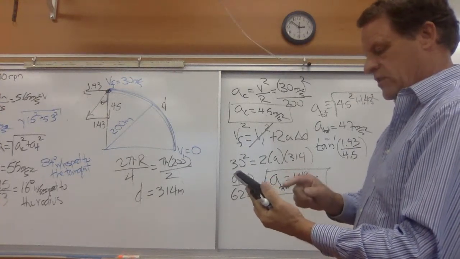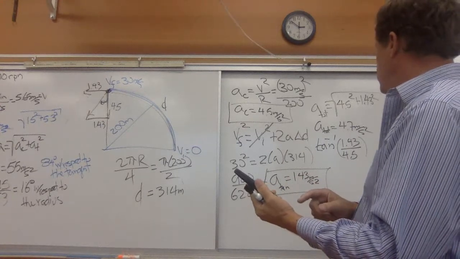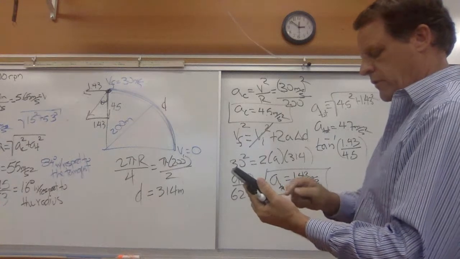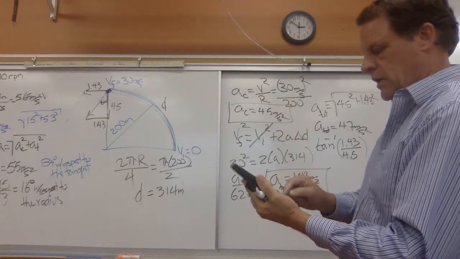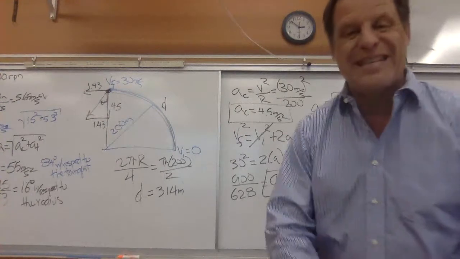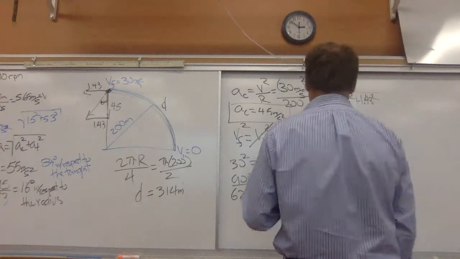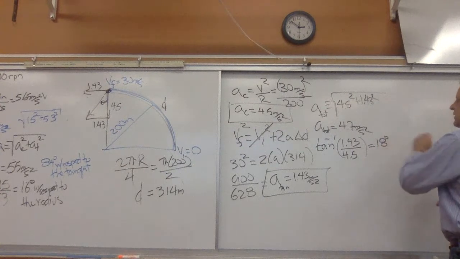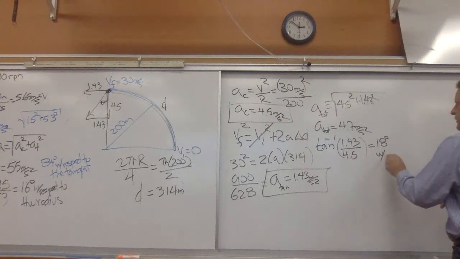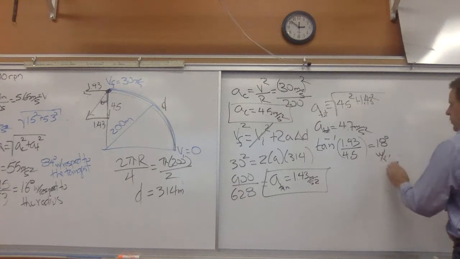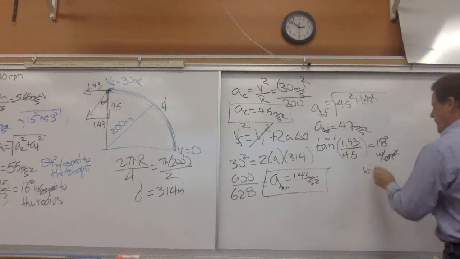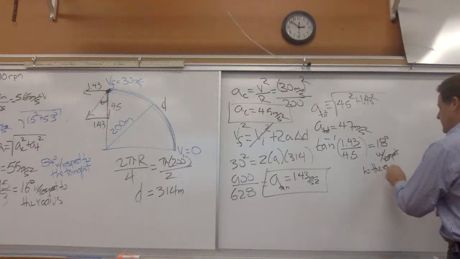Inverse tangent of 1.43 divided by 4.5, and that is going to give us 17.6. So we're just going to call that 18 degrees, and that would be with respect to the radius.